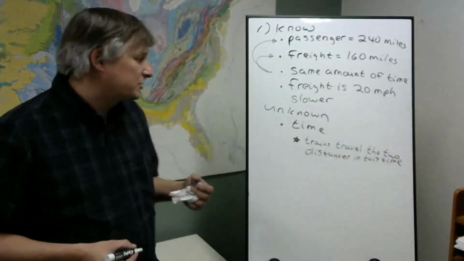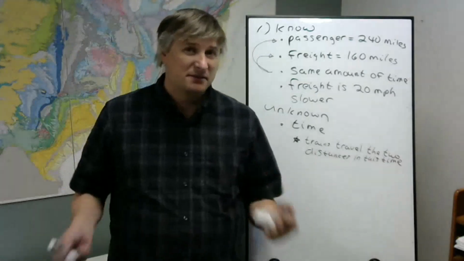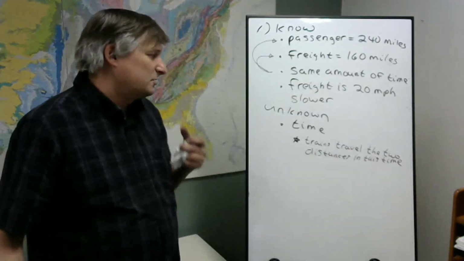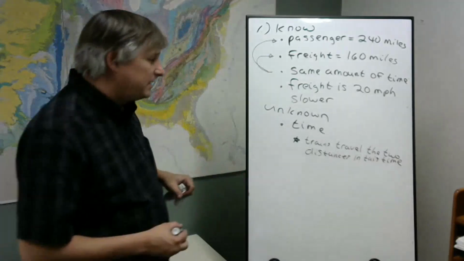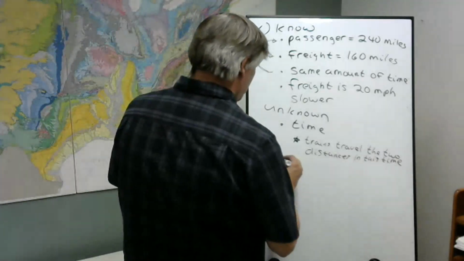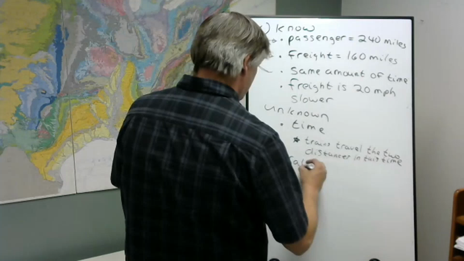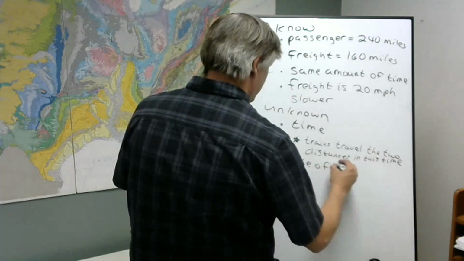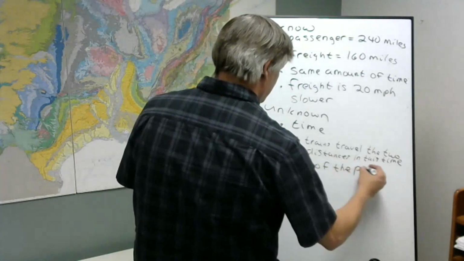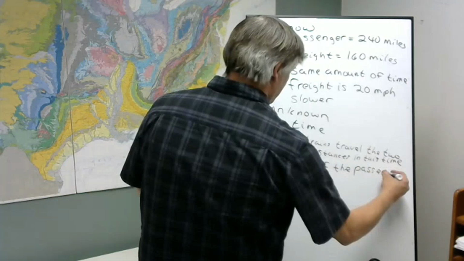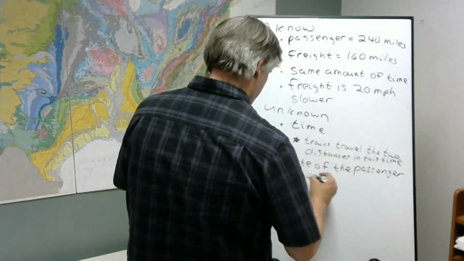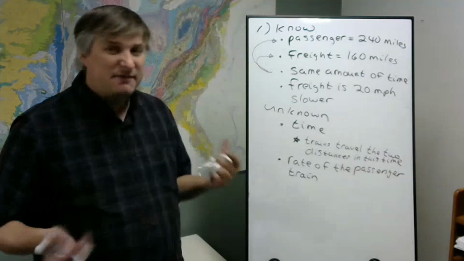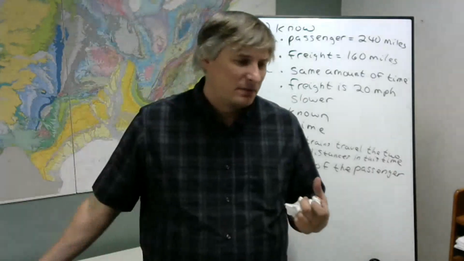We do know the trains travel the two distances in this time. So I know a little something about it. The big mystery, though, is the rate of the passenger train. That we definitely know nothing about.